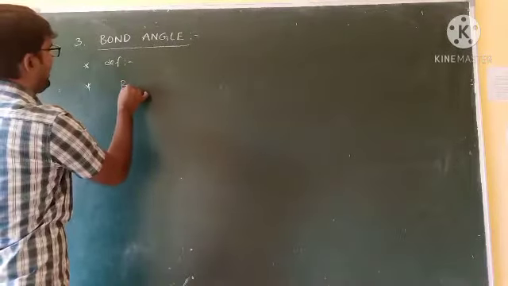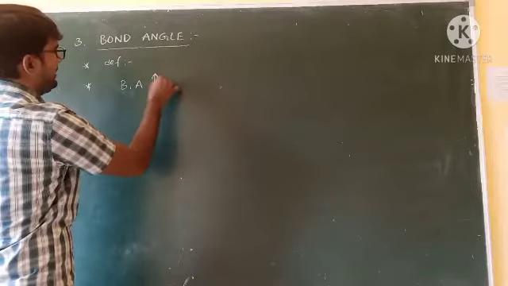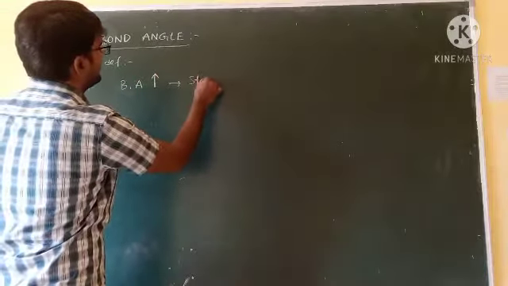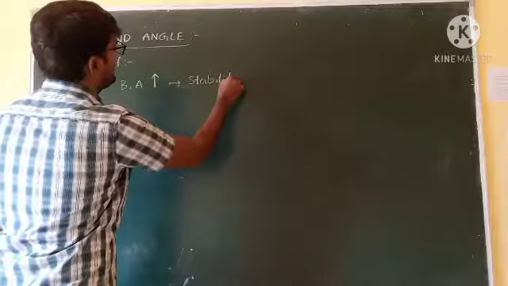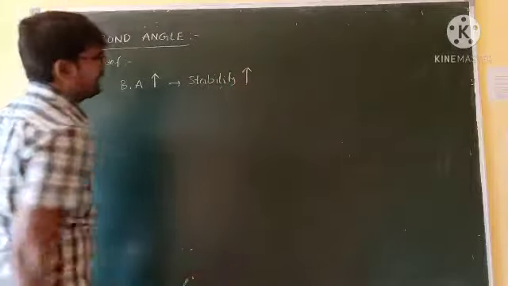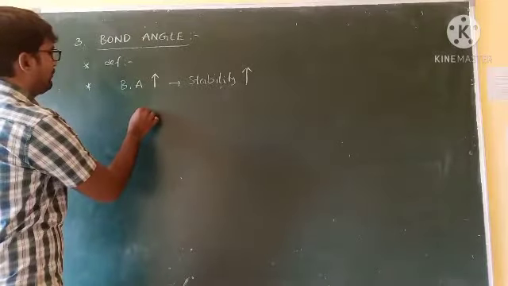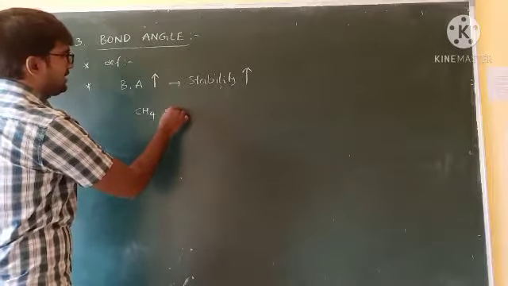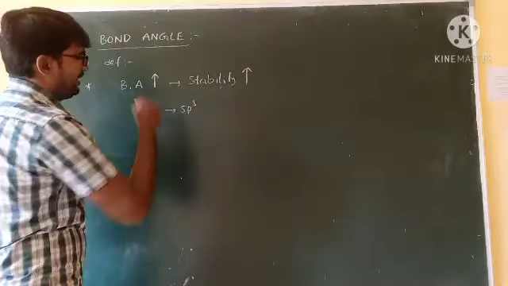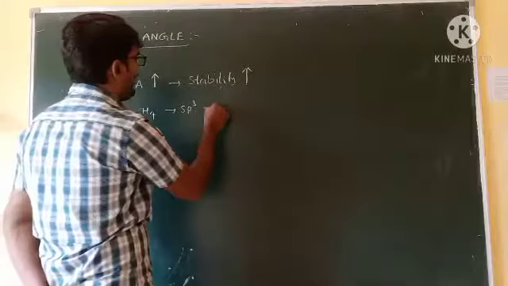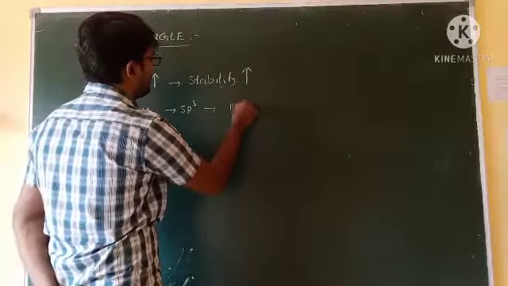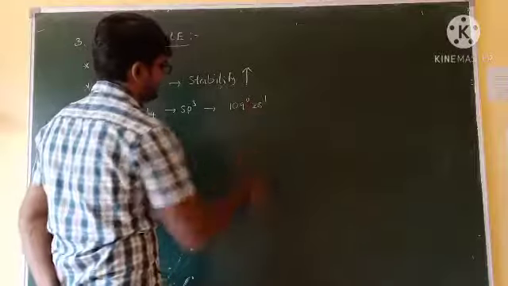Okay, definition is completed. It is very interesting. If bond angle increases, stability of the compound also increases. Best example, the CH4 molecule. It undergoes sp3 hybridization. What is the bond angle here? 109 degrees 28 minutes.